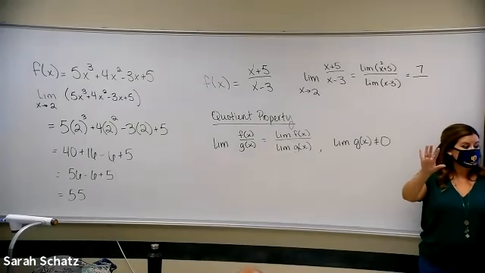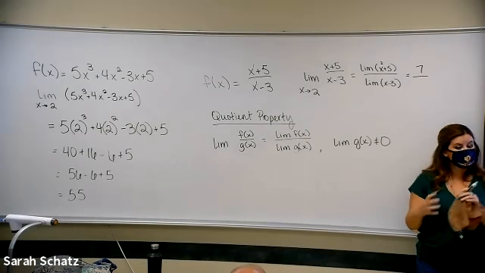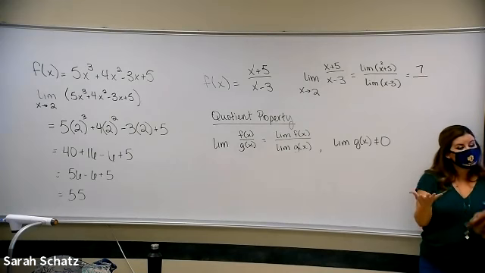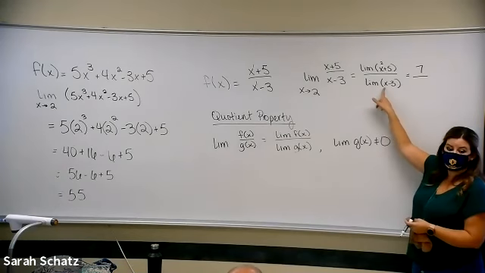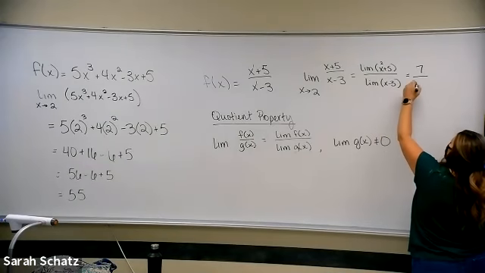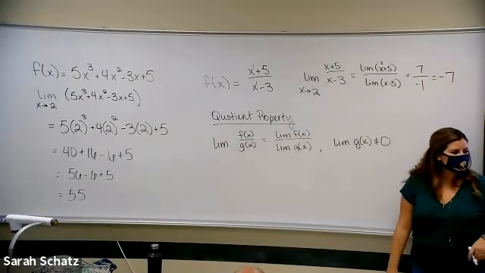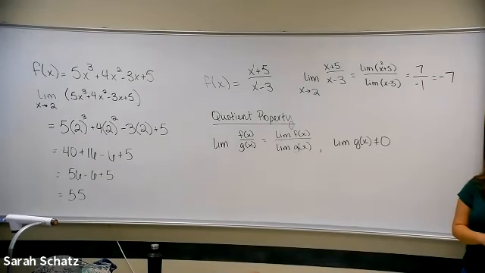By itself it is, so I can put a 2 in here and it'll be fine. What's 2 minus 3? So I got a limit on that one. Sometimes you have to use the property, but sometimes it works.